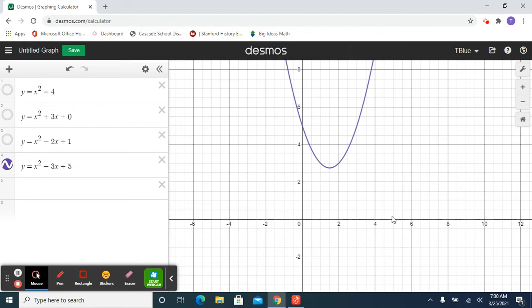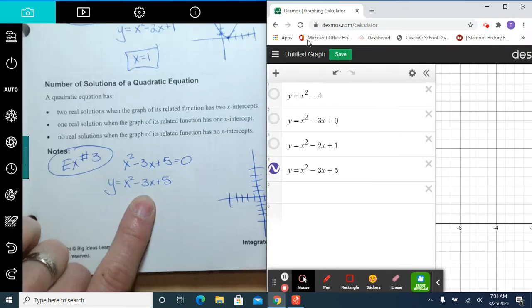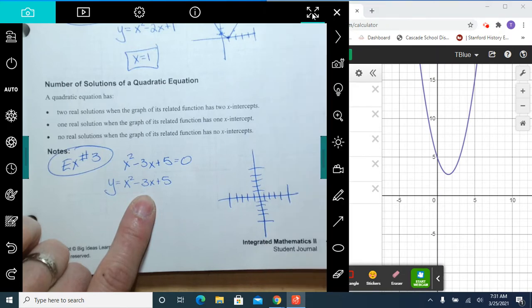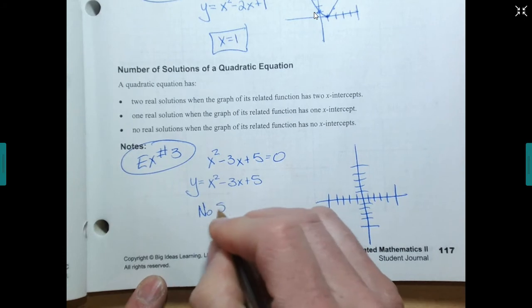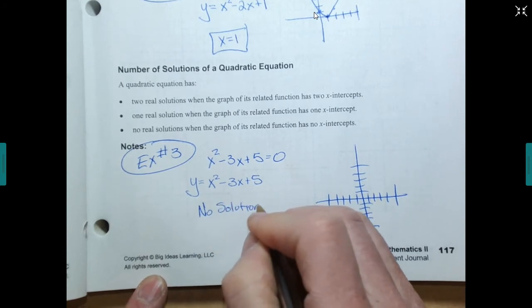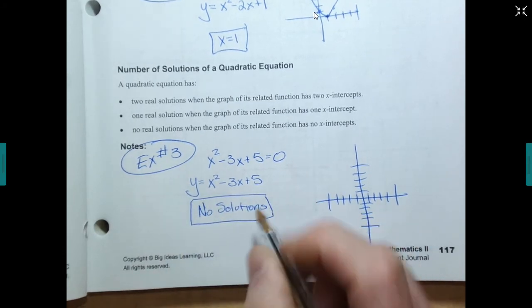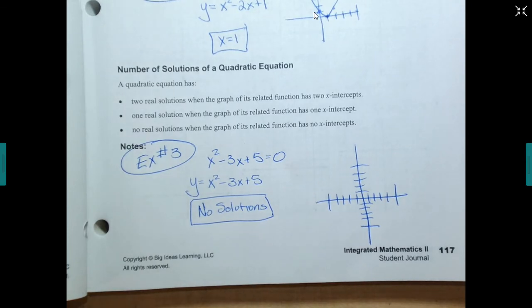So this one that we're looking at, see how this purple line does not cross our x-axis? So this one has no solutions. There are no x-intercepts for this one.